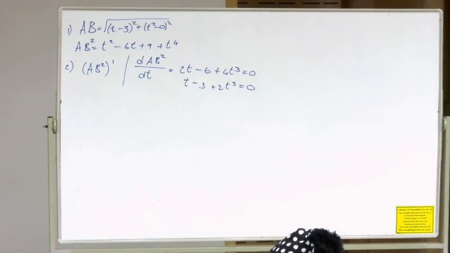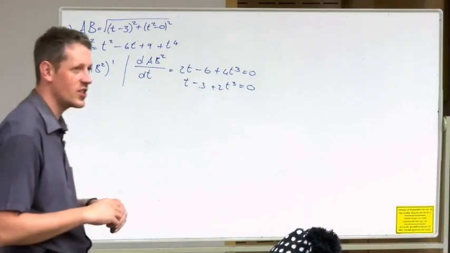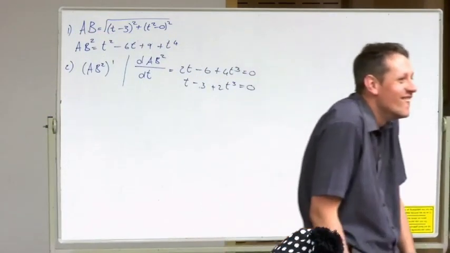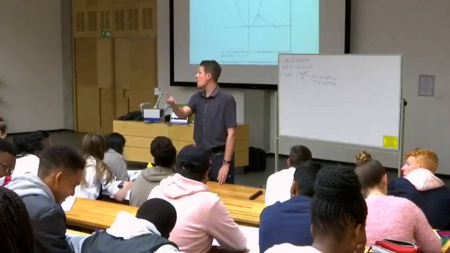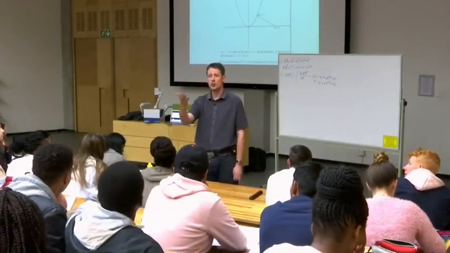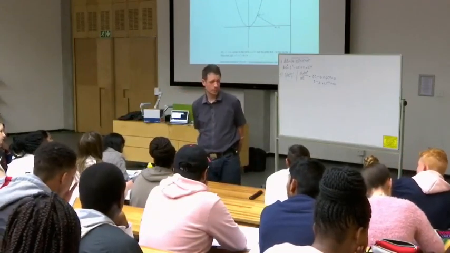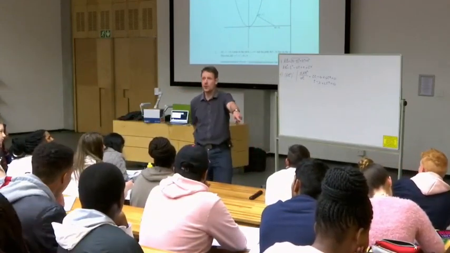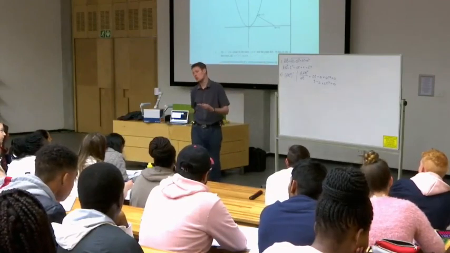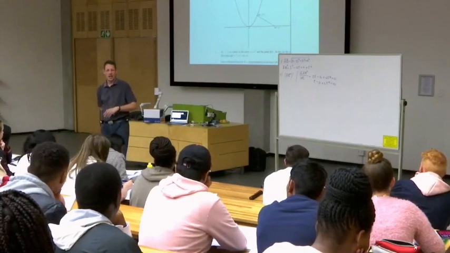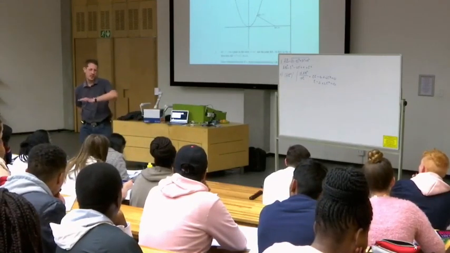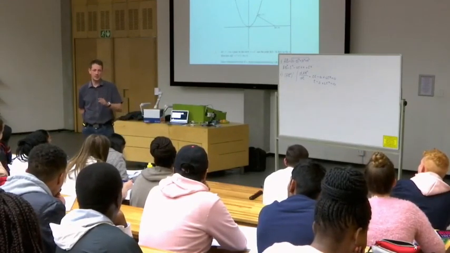Come on, matriculants. Anybody willing to put their whole reputation on the line? Yes, please. You try and factorize it, but how do I factorize it? Thank you. I first get a value that makes it equal to 0. Now, for those of you that are lazy, please use your calculator, the table function.